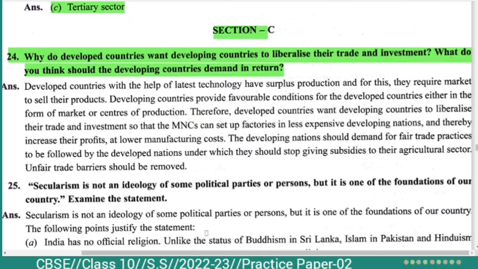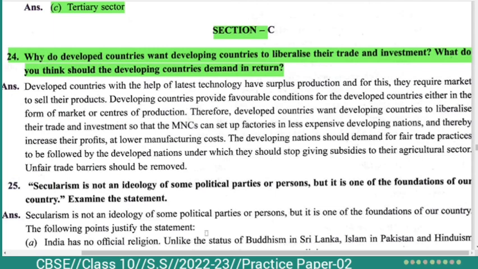Developing countries provide favorable conditions for the developed countries either in the form of market or centers of production. Therefore, developed countries want developing countries to liberalize their trade and investment so that the MNCs can set up factories in less expensive developing nations and thereby increase their profits at lower manufacturing costs.